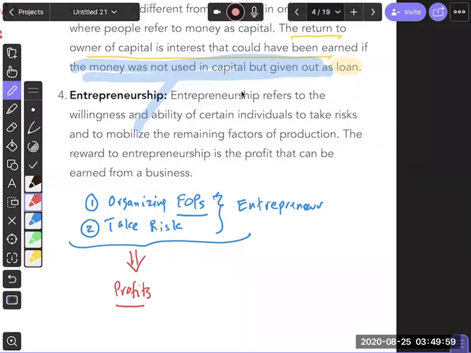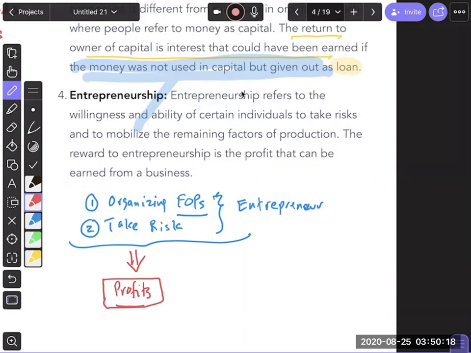So the entrepreneur has the role of organizing factors of production and taking risk, and in the process the individual gets profits, and these profits are the reward to the factor of production.